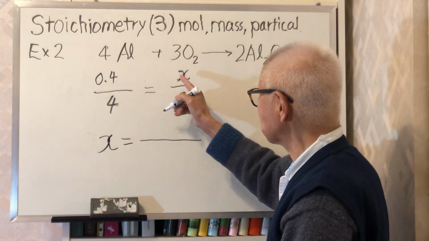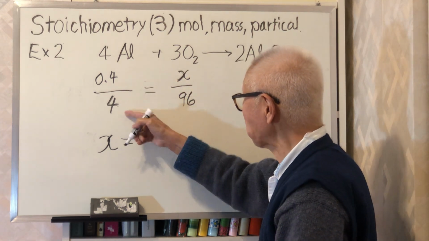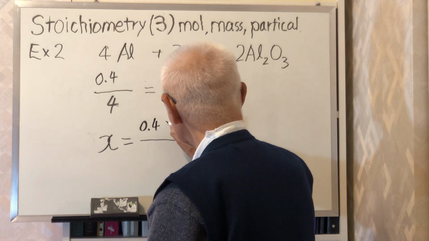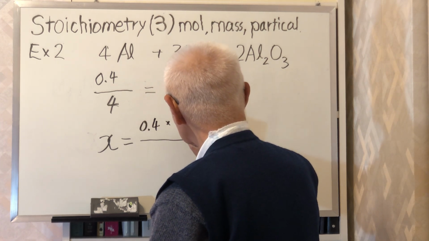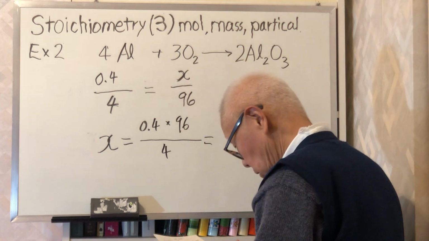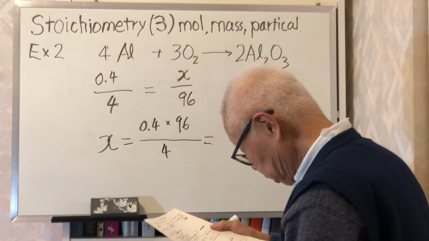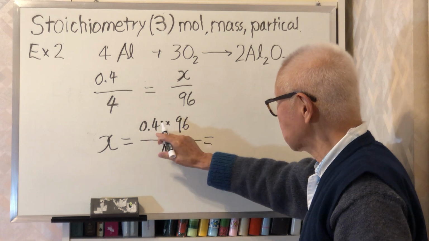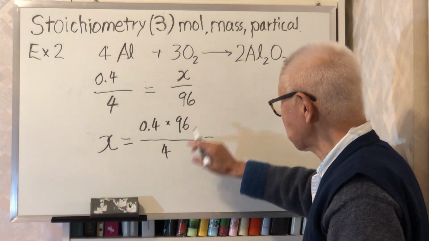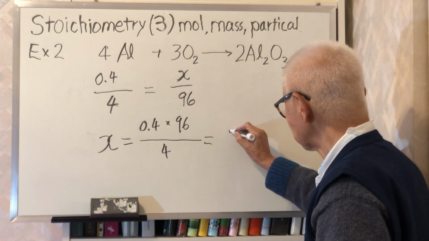Cross multiply: x is this times that, divided by 4. This calculation is very easy because 0.4 divided by 4 is 1/10, and 96 divided by 10 is 9.6.